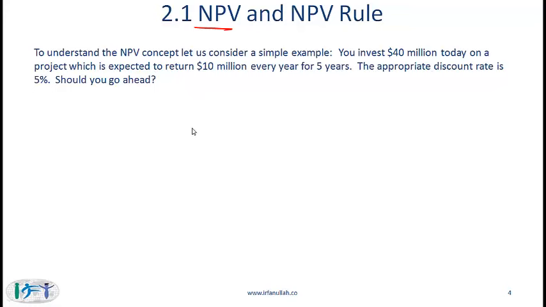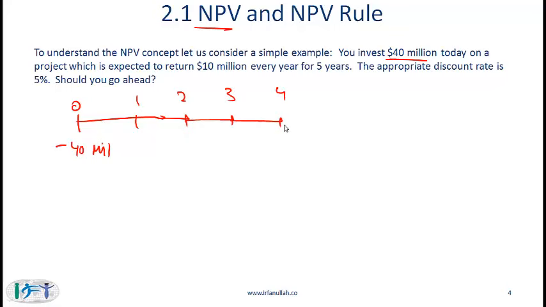To understand NPV, let us consider a simple example. Let's say that you invest 40 million today on a project which is expected to return 10 million every year for 5 years. So at time zero, there is an investment of 40 million, and then this is essentially an annuity, which we have seen in the previous reading.